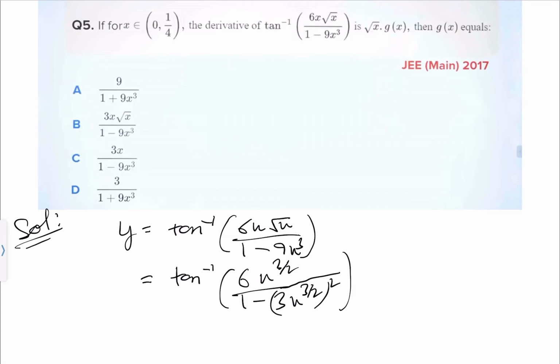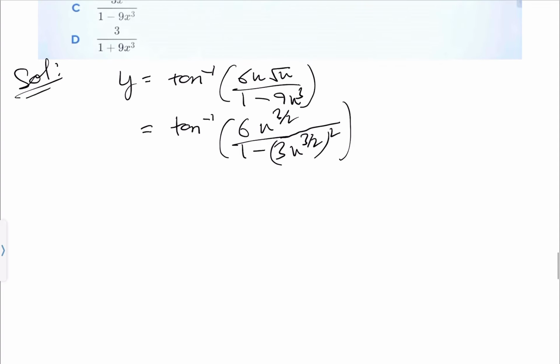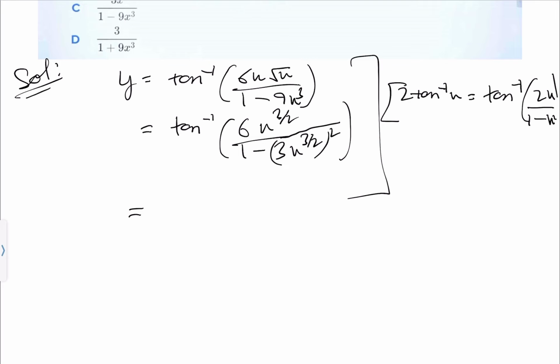Now since we know a property of tan inverse, which is twice of tan inverse of x is equal to tan inverse of 2x upon 1 minus x square, I will use this property and simplify this term. So it will be twice of tan inverse of thrice into x to the power 3 by 2, which will be y.